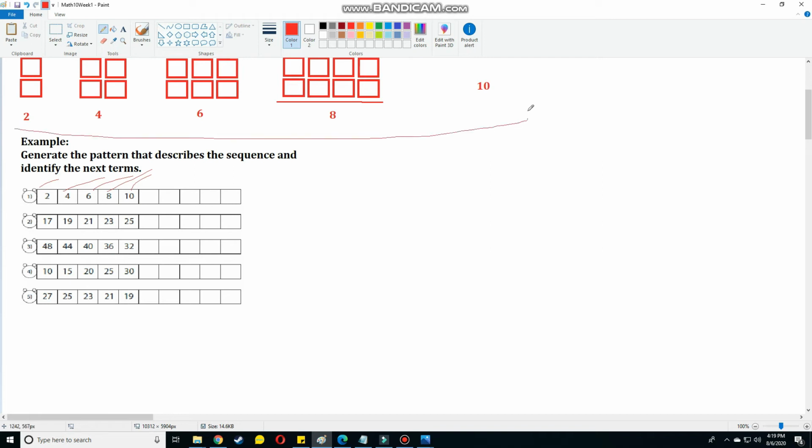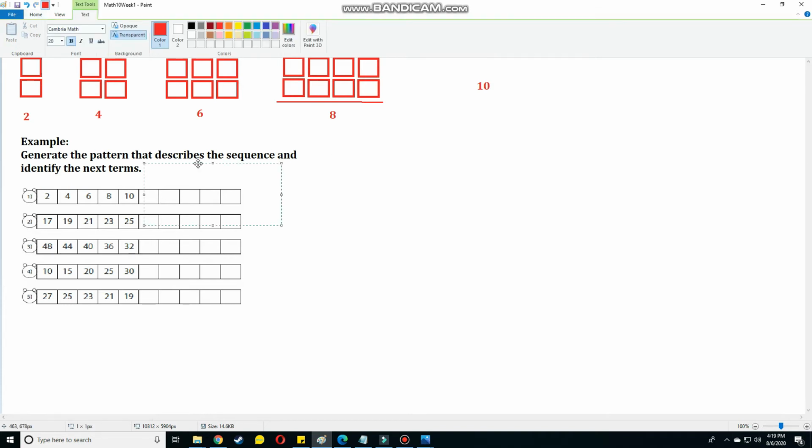It's almost the same as our example right here. So therefore we could say, what would be the next terms? After 10 would be 12, right? And after 12 we could have 14. Based on our observation, we could say that on sequence number 1, the pattern is that we would simply add 2 to the next following term.